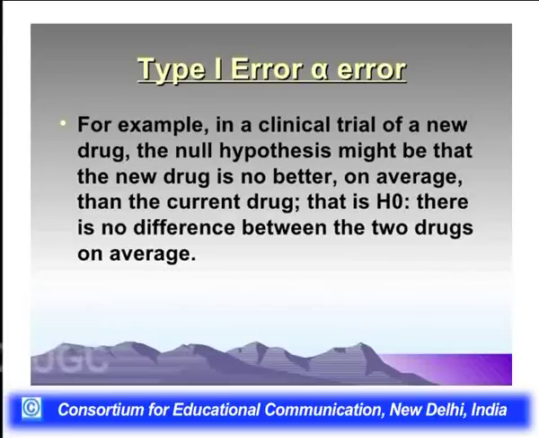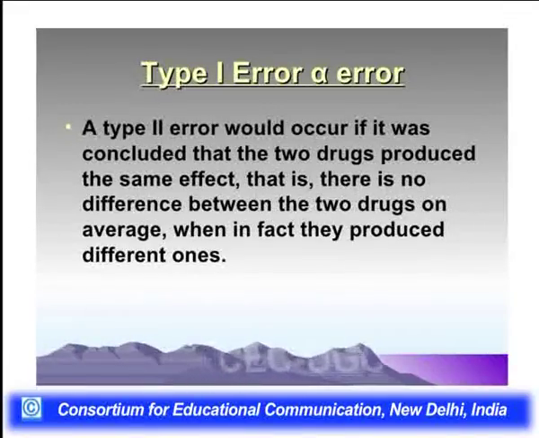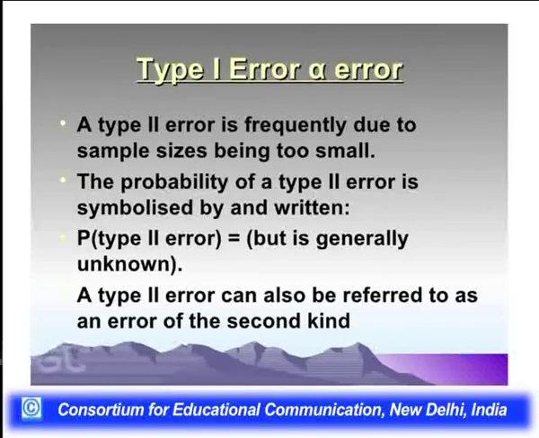In a clinical trial of a new drug, the null hypothesis might be that the new drug is no better on an average than the current drug. This is H0. There is no difference between the two drugs on an average. A type 2 error would occur if it was concluded that the two drugs produced the same effect, that is, there is no difference between the two drugs on an average, when in fact they produce different ones.